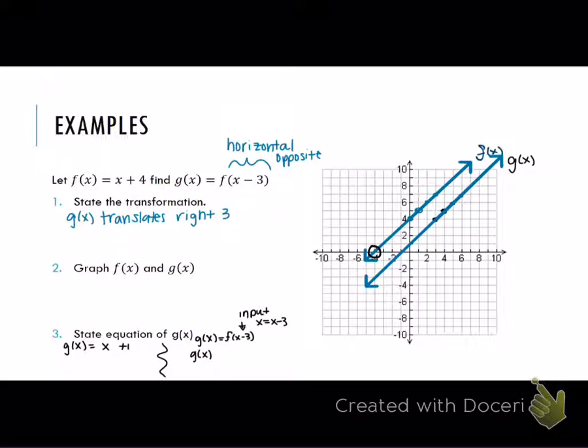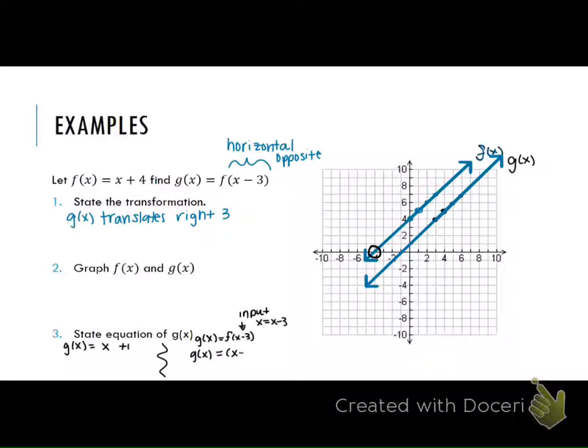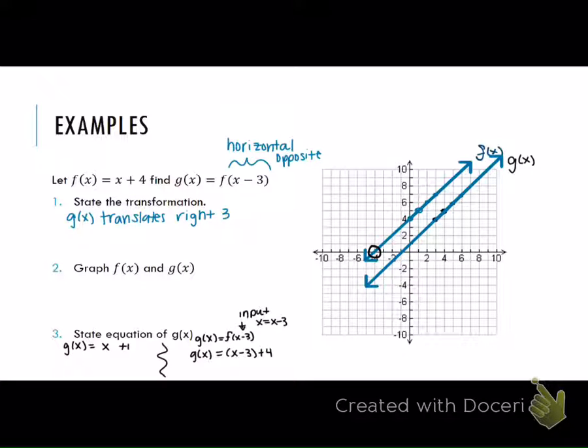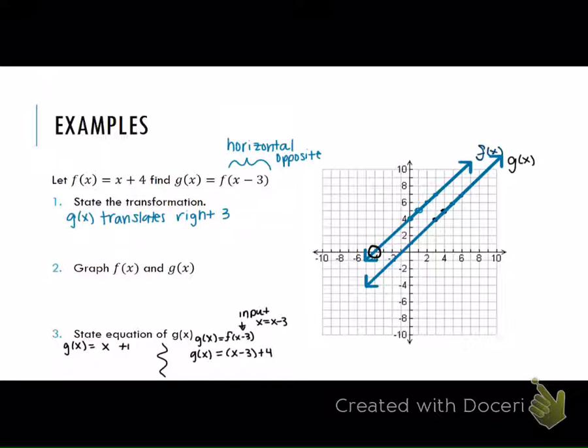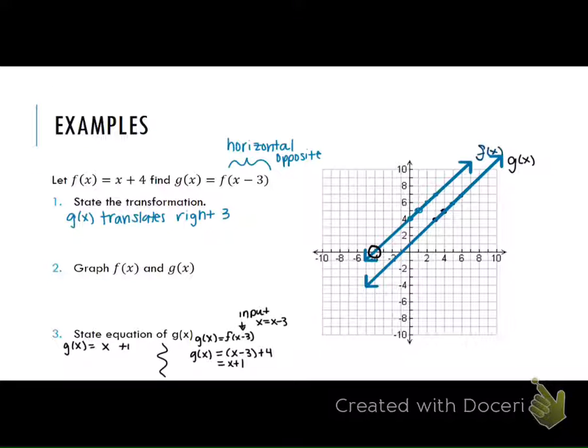So f of x is x plus 4, right? Is plugging in for x minus 3 plus 4. So I replaced the x in f of x with x minus 3. So if you do minus 3 plus 4, that's x plus 1. Is that the equation we wrote from the graph?